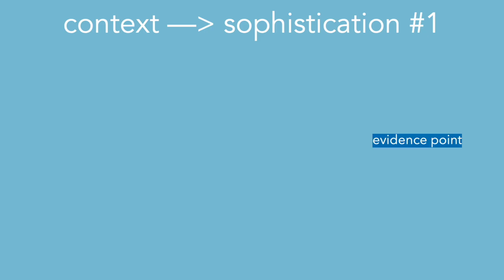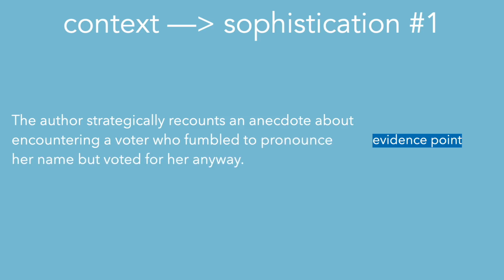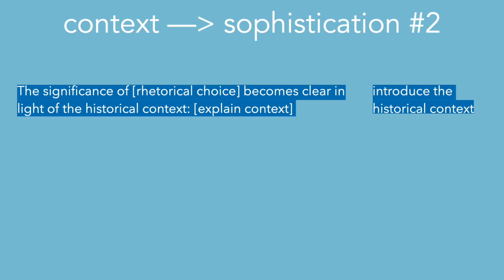Identify and present the rhetorical choice to earn the evidence point. The author strategically recounts an anecdote about encountering a voter who fumbled to pronounce her name but voted for her anyway. Step 2. Use this sentence structure to present the historical context.